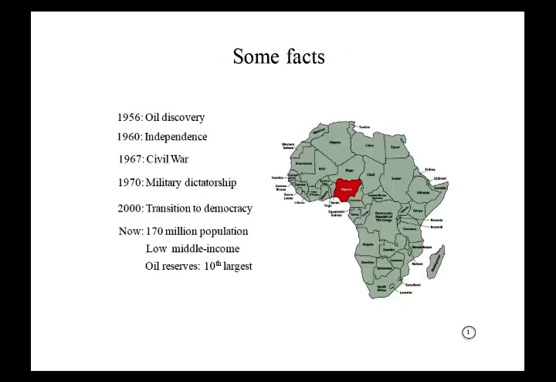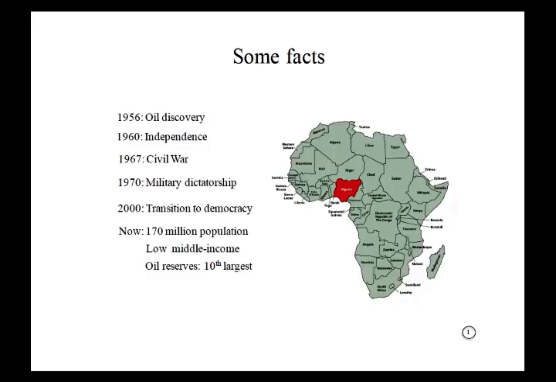Now let me give you a little bit of background about Nigeria. Oil was first discovered in 1956, the country gained its independence in 1960. You had a civil war in 1967. Then, of course, after a lot of social instability, it's the best opportunity for the generals to stage a military coup and gain power.